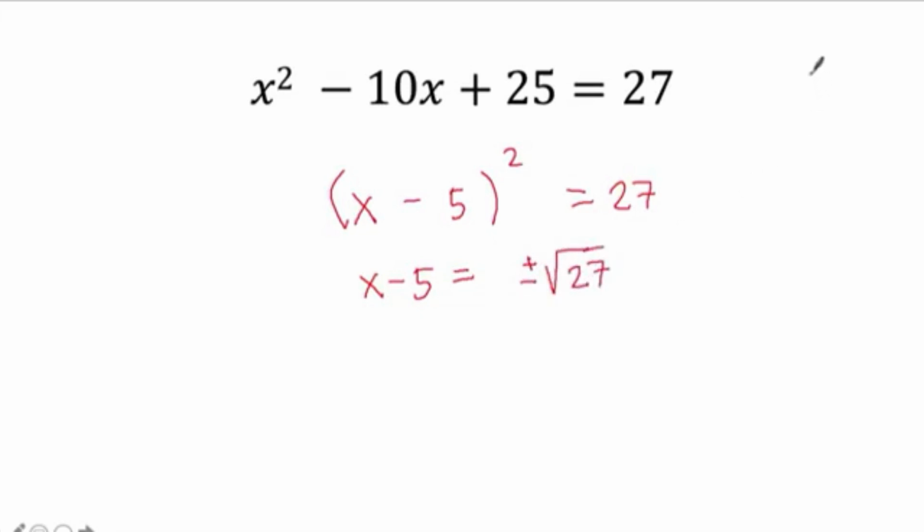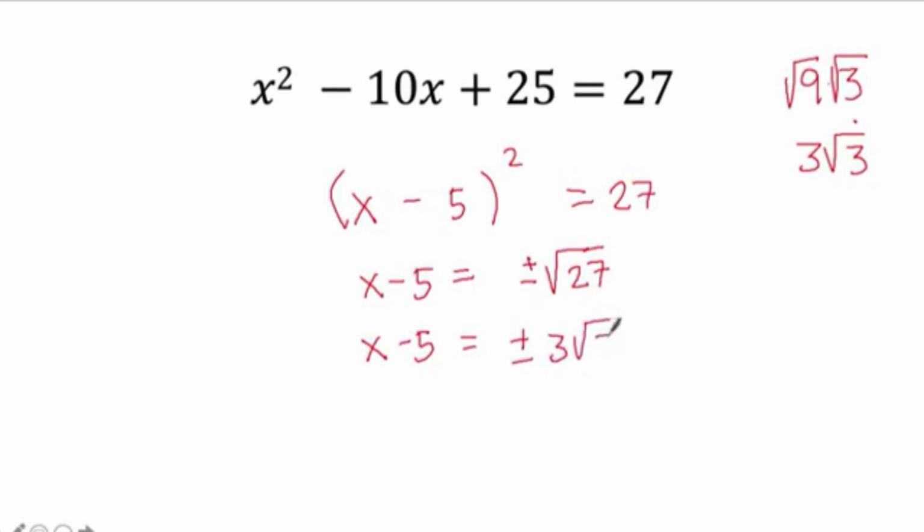Notice that 27 can be written as 9 times 3. And the square root of 9 times the square root of 3 is 3 square root of 3. So we can now rewrite this as x minus 5 equals plus or minus 3 square root of 3.